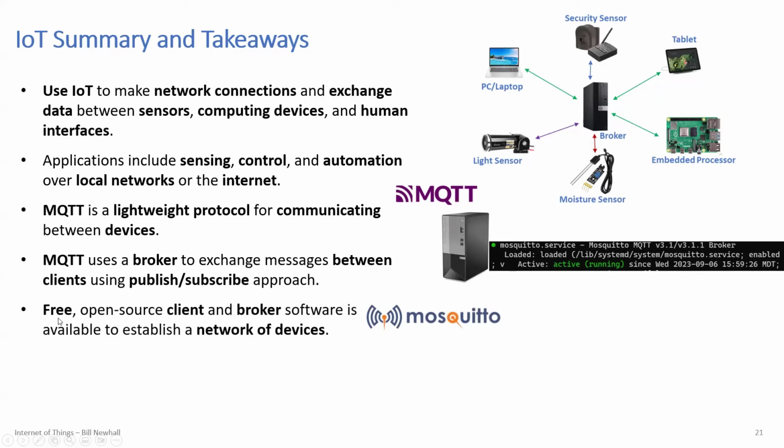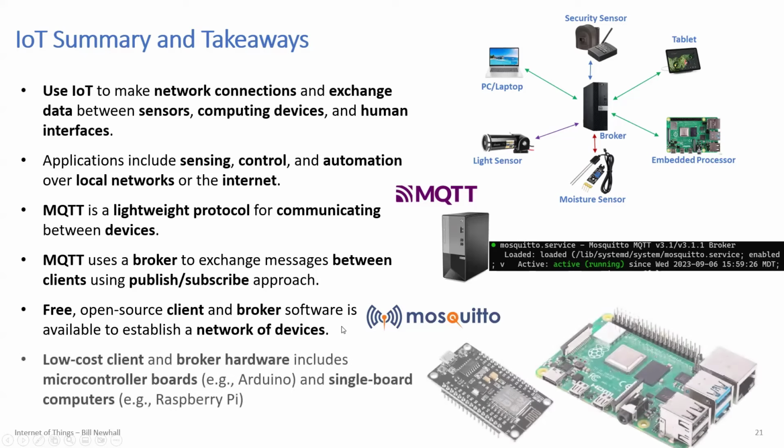And then you can use Mosquitto as the software. It's free, it's open source, on your clients as your broker to communicate via MQTT. And there are a lot of low-cost hardware platform options out there. So you can get Arduinos, Arduino-like devices, other microcontrollers, Raspberry Pis, other single board computers, small laptops, whatever, to communicate using IoT.